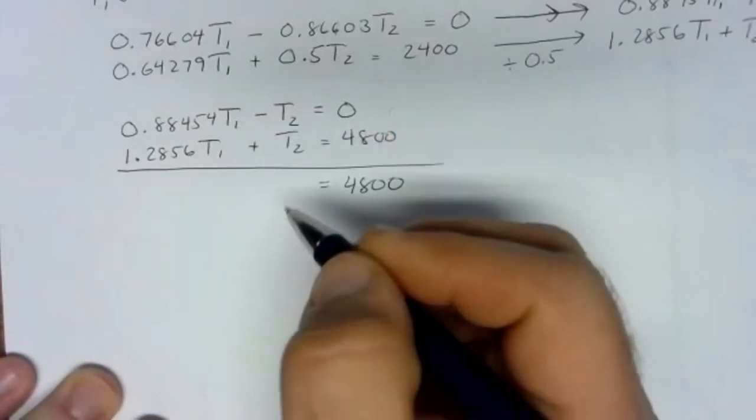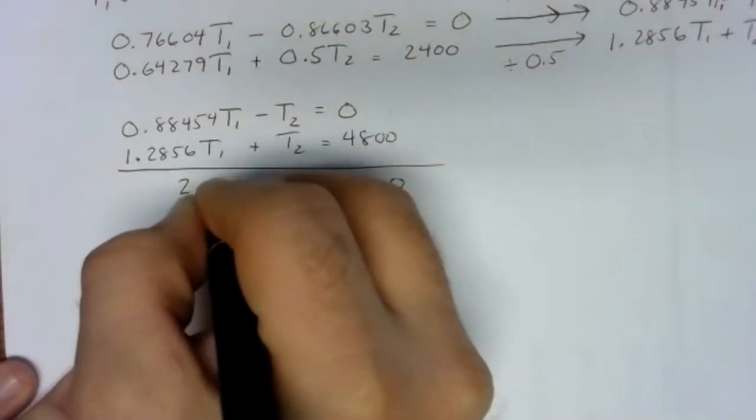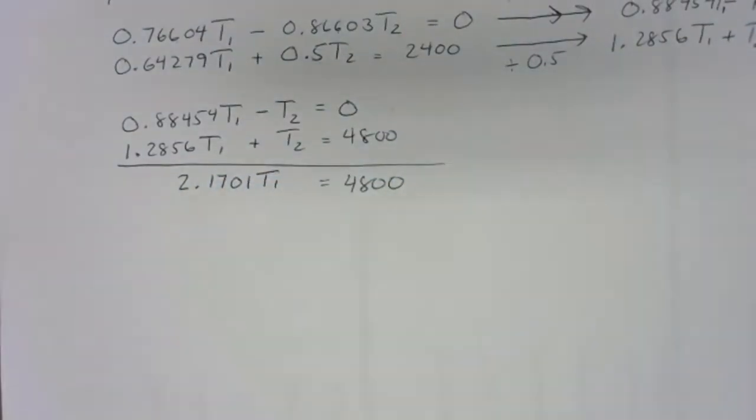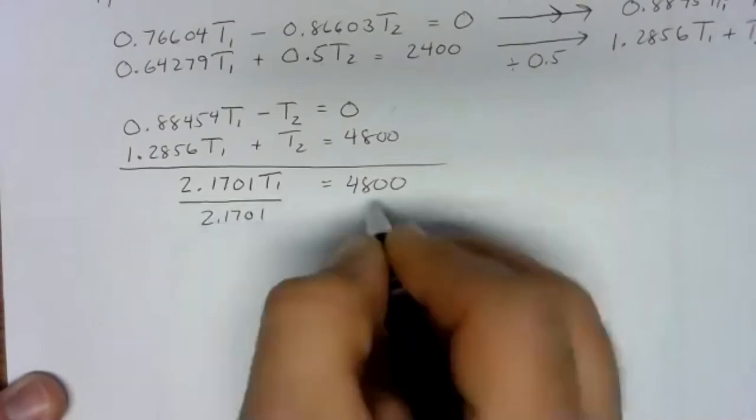The T2s cancel out, and then I end up with 1.2856 plus 0.88454, and that'll give me 2.1701 T1. Well, that's an equation we can solve. We've got a coefficient times an unknown equals some number. So we divide both sides by 2.1701.